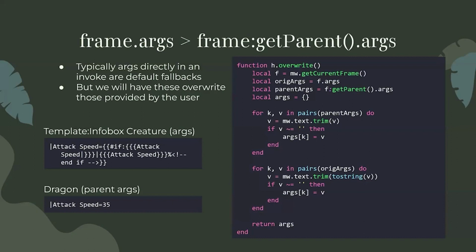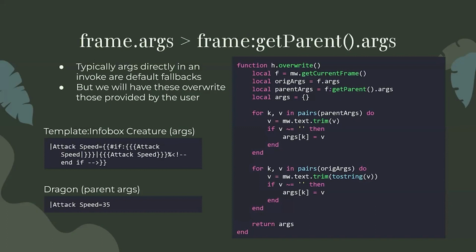So the child frame args are the arguments that are sent in the invoke statement. And Lua also knows about every single argument that is sent to the content page, transcluding the template that contains the invoke. So that's a mouthful, but the frame getParent.args are args that are written on the page Dragon and sent to the template infobox creature.